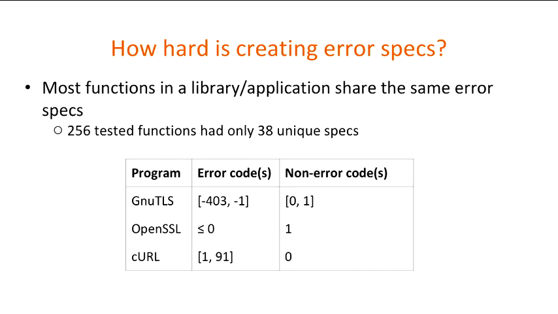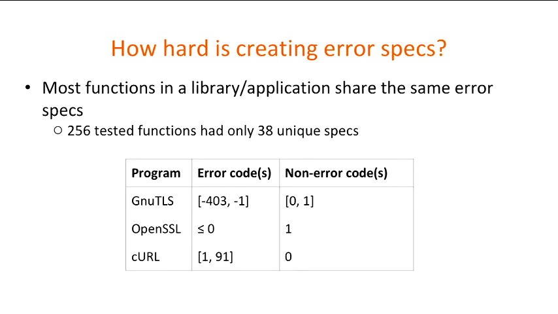Now, I've been talking about error specification so much, you're probably starting to wonder, how hard is it to create that? And my answer is not that hard, because most functions only follow a few error codes.